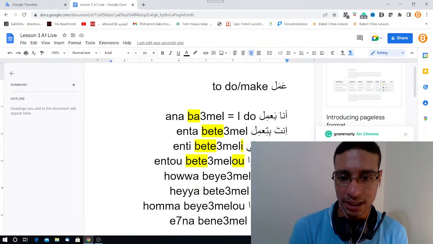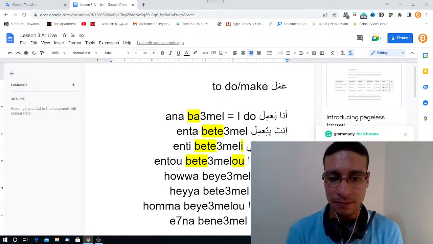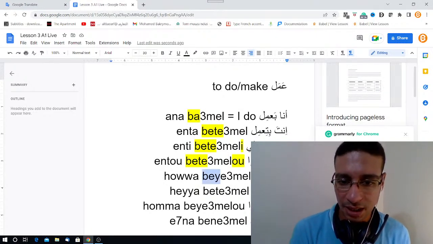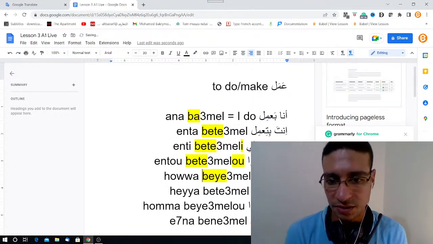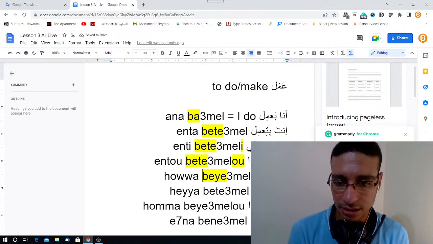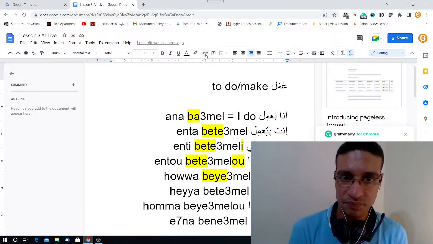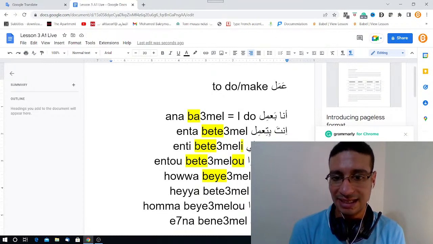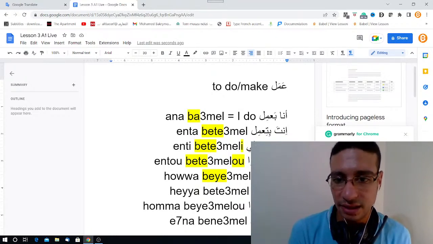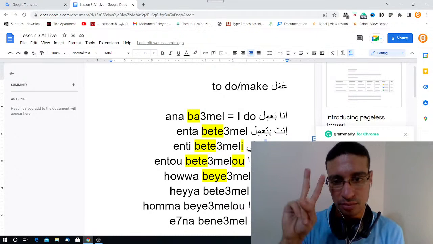And then هو, he, بيعمل, بي. So we start like this, بيعمل, he does or he makes. So here بيعمل, this letter is ya. So what's the difference here? The double dots are above in the ta.